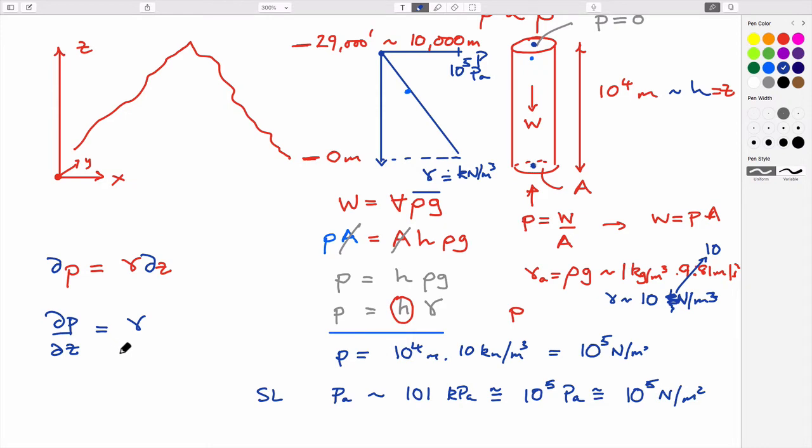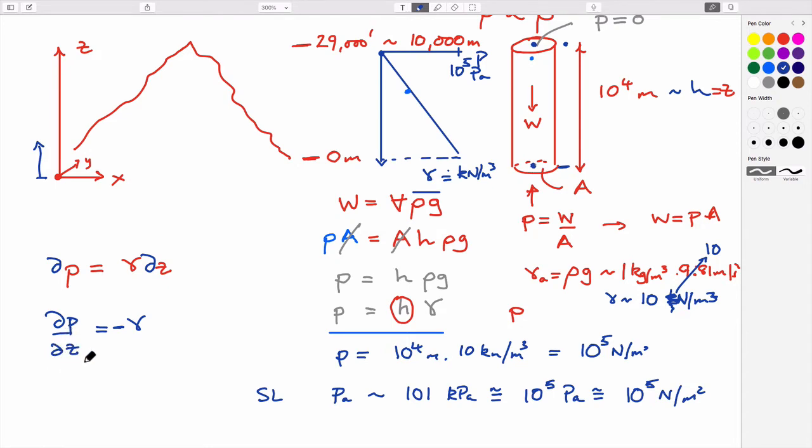As this is written, that's fine based on this expression, but we will choose to do this in a slightly different way. We've chosen to go down from here to this point, and this has been a positive h. We're going to choose now to go upwards, in which case we merely have a negative sign attached, which says that as we go up in the column, because our positive direction is z vertically upwards, the pressure is going to decrease.